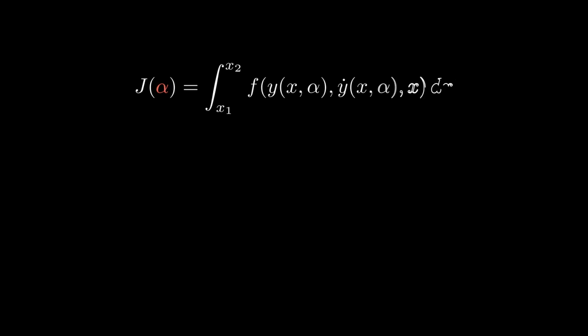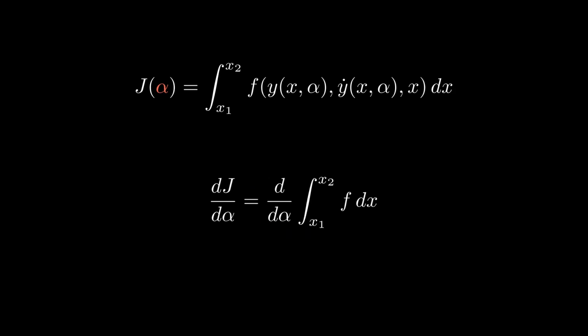For any given parametric family of curves defined by eta of x, the integral J is no longer just a function of the path, it becomes a function of the parameter also. The condition of obtaining a stationary point for the integral now reduces to the familiar condition from ordinary calculus. The first derivative of J with respect to alpha, evaluated at alpha equals 0, must be 0.